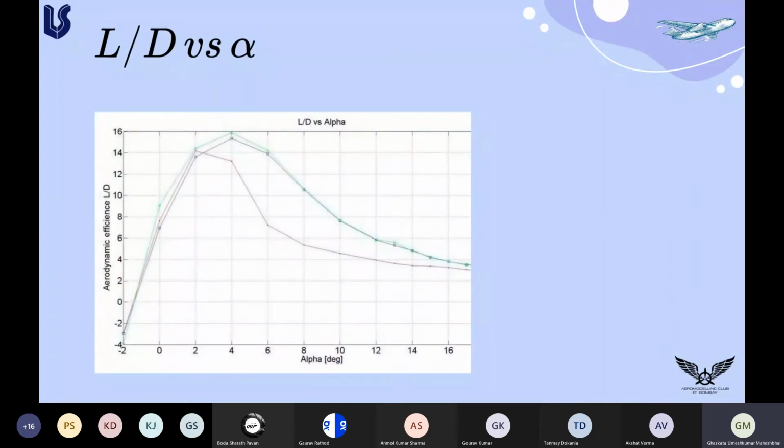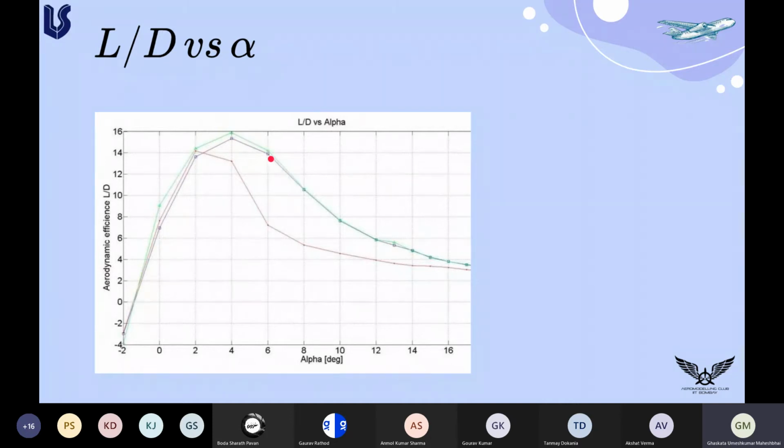You might think that this graph is just similar to what we've seen so far, the CL versus alpha curve. The graph has the same features as the CL versus alpha curve, and the basic phenomena behind it is also the same. It first increases linearly with alpha, and after it attains a maximum value, it goes down.